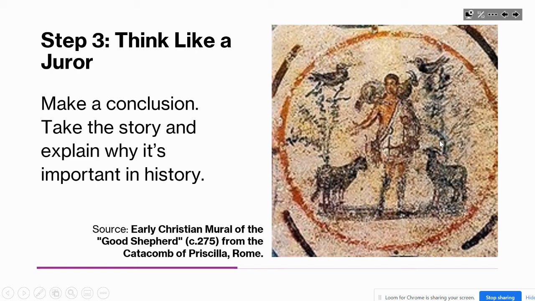Well, in this case, because this is an early Christian mural, this is one of the earliest Christian murals. So at the time period here, it's very early in Christianity. So we're looking at the beginning, or the birth time period, of how Christianity spread throughout Rome.